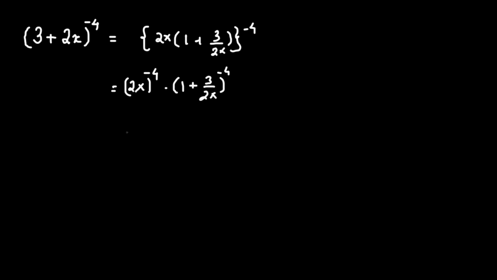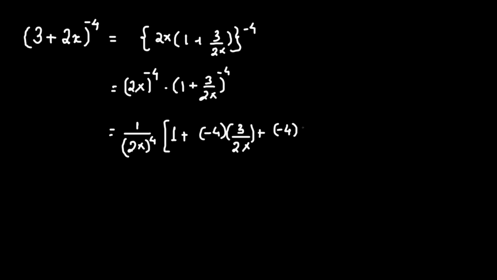Now we apply the binomial theorem. So this term will simply become (1/(2x)) raised to the power of 4 times [1 + n, which is negative 4, times x, which will be 3/(2x), plus n times (n minus 1), which will be negative 5, divided by 2 factorial, times x squared, and our x squared is (3/(2x)) whole squared.